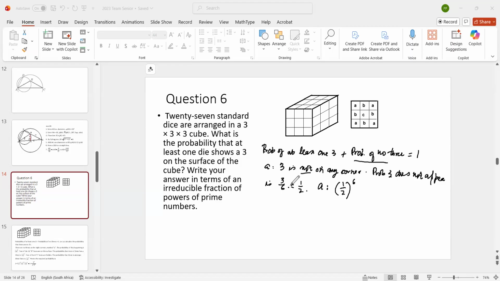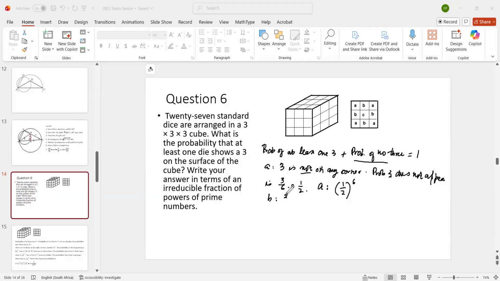Okay, so now let's look at B. The B cube is like this one here. But the B cube, there are only 2 faces which are exposed. These 2. That means the 3 is on the other side.